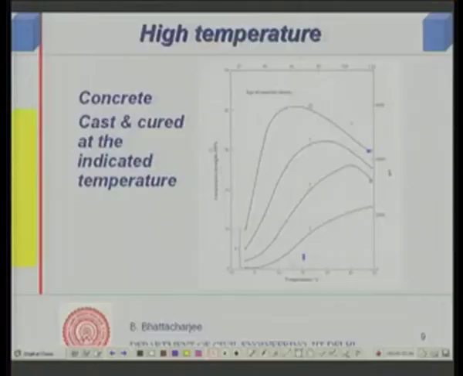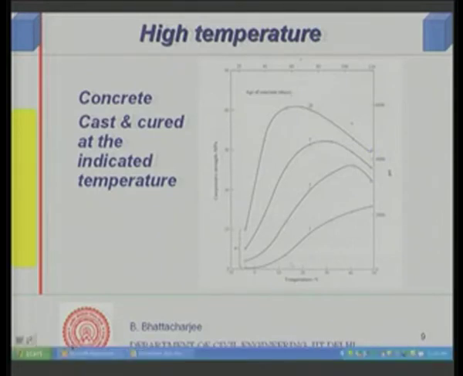This is because the hydration process, a chemical reaction favored by high temperature, is non-uniform at high temperature. In fact, this effect will be very pronounced if you cast the concrete at high temperature. Curing after a few hours of casting at higher temperature is still better than casting and curing at the same temperature. So, this gives you the compressive strength in MPa as seen here.